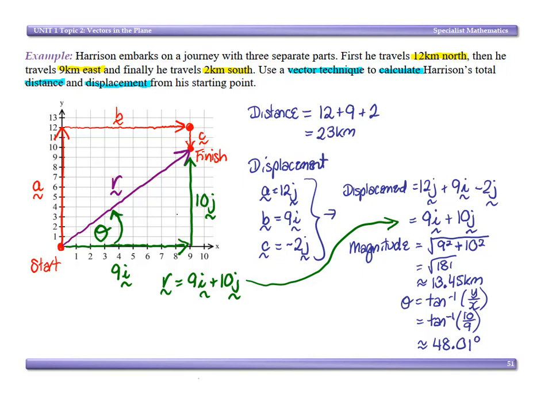So I've actually worked out too much. But anyway, so this here is 48.01 degrees. If we wanted the bearing though, we would work out 90 minus 48.01, which is approximately 41.98 degrees.